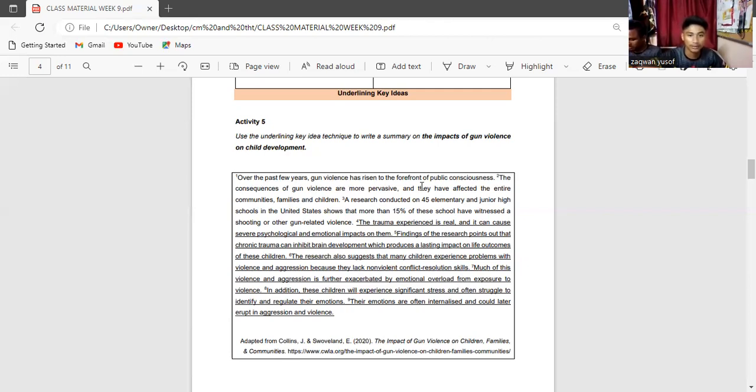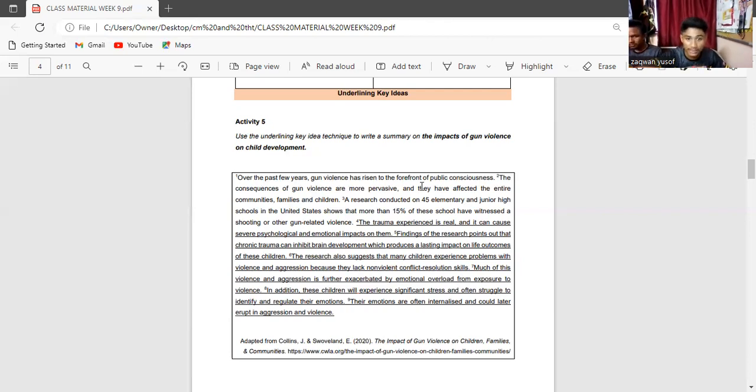A research conducted on 45 elementary and junior high schools in the United States shows that more than 15% of the schools have witnessed a shooting or other gun-related violence.